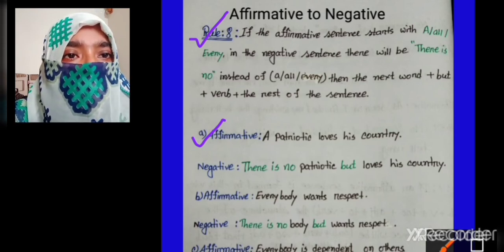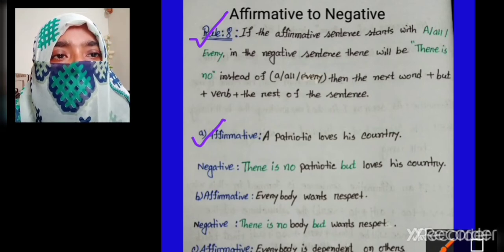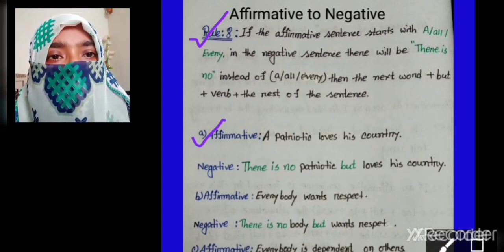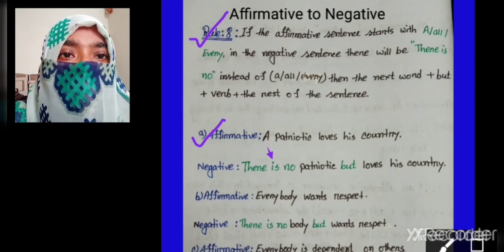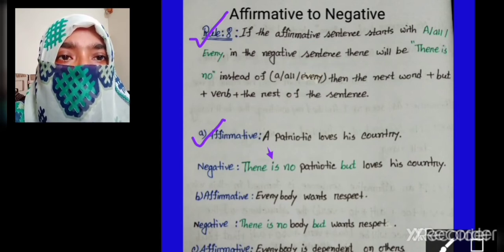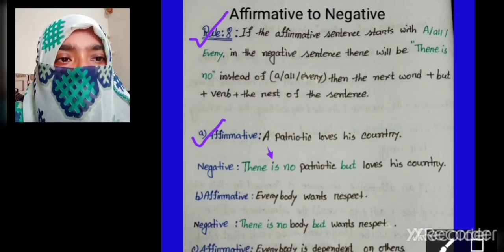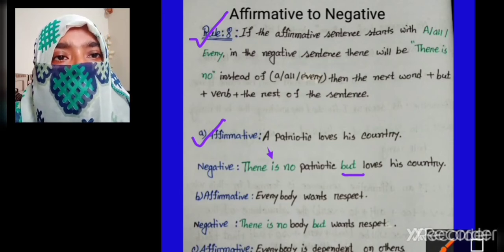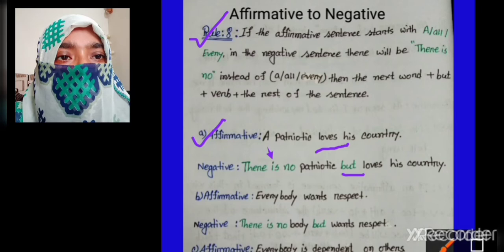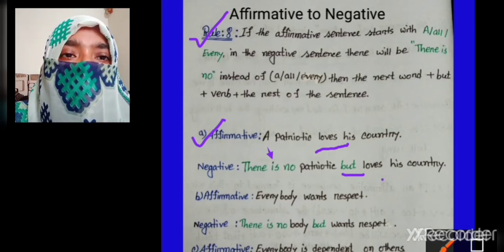A patriot loves his country. We can notice in the negative sentence I have used here there is no instead of a. Then the next word patriot is unchanged. Then we'll have to bring here but. Then the verb of the affirmative sentence loves, then the rest part of the sentence his country.